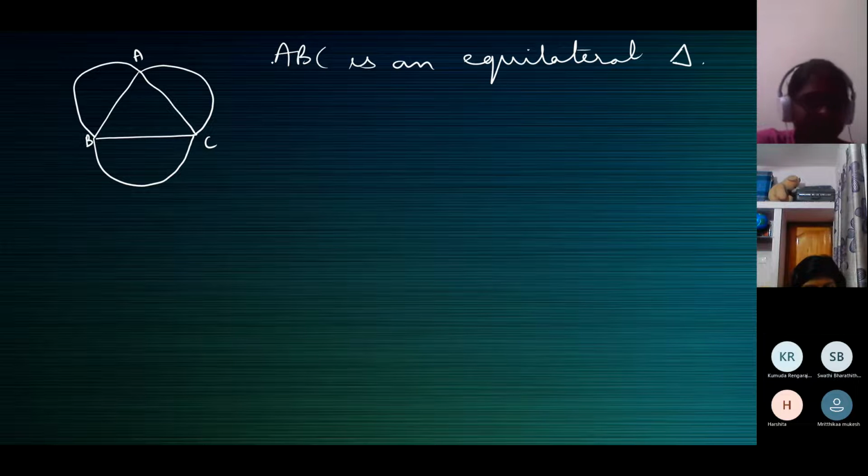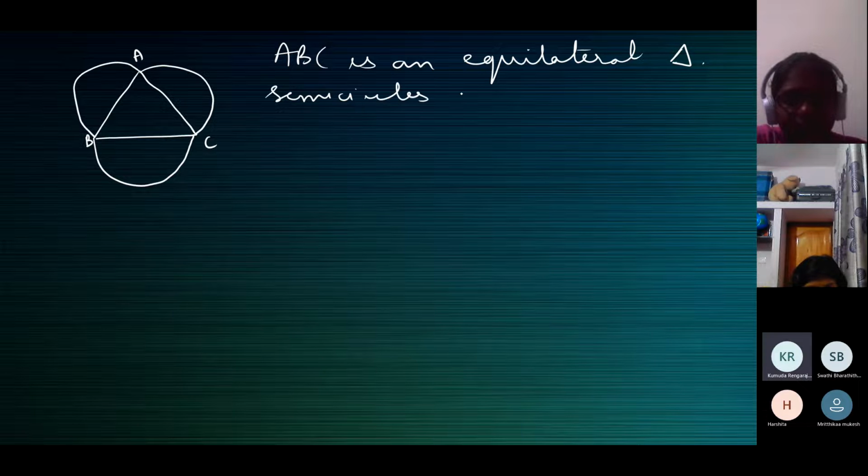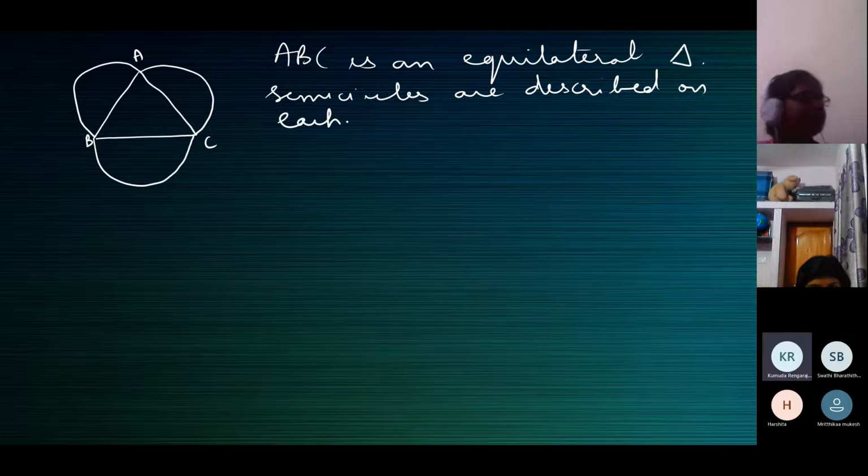Semicircles are described on each side of the triangle ABC.